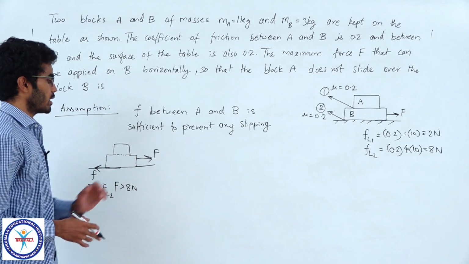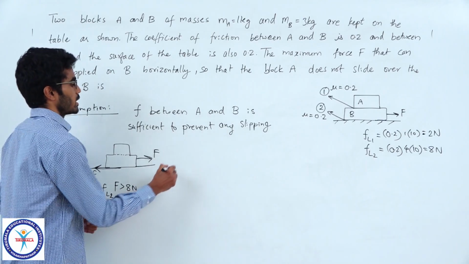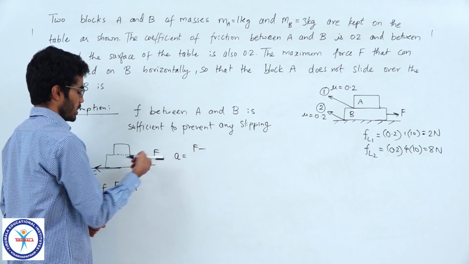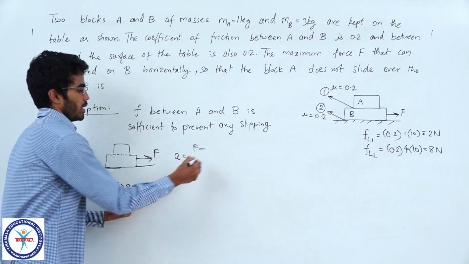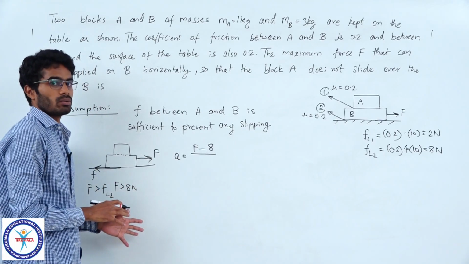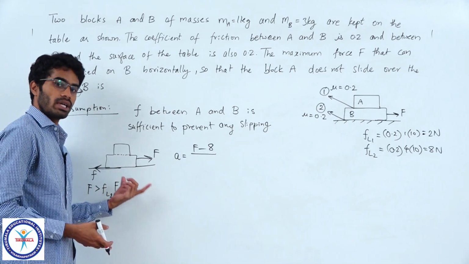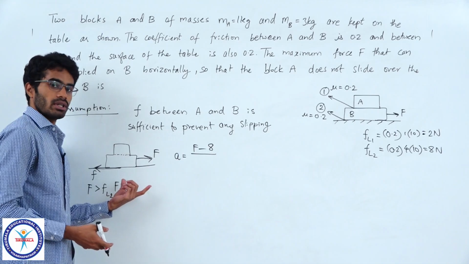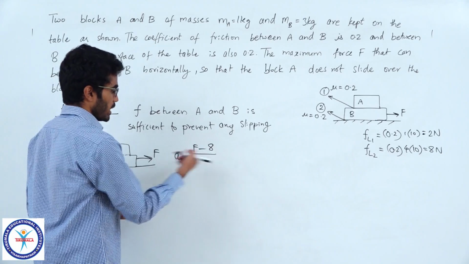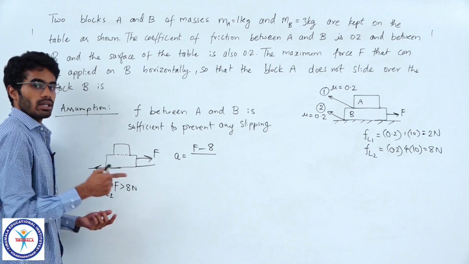Now, let us say it is greater than 8 newtons and the blocks start to move, they have an acceleration. Let us calculate that acceleration. So, in that case acceleration will be the net force, F minus, in the opposite direction, 8 newtons. The friction acting now will be the maximum value because it is in motion. When there is relative motion, the friction acting will be kinetic in nature, and the kinetic friction is always equal to the maximum value mu N. So, F minus 8 by the mass of the system, now both blocks are taken as one system.